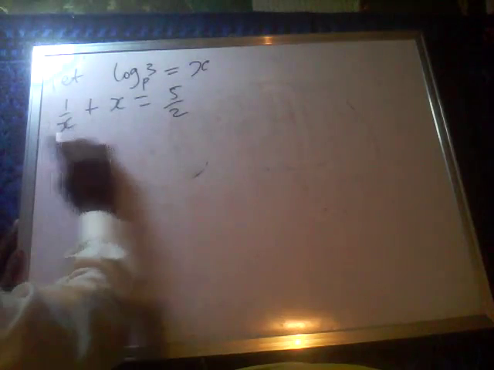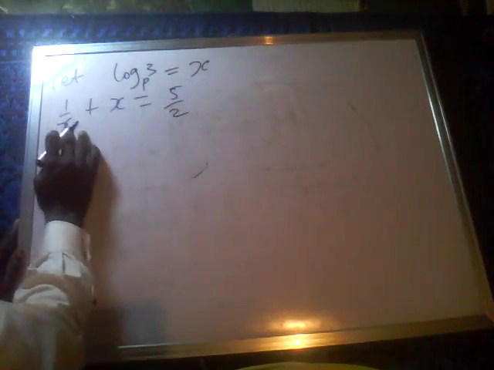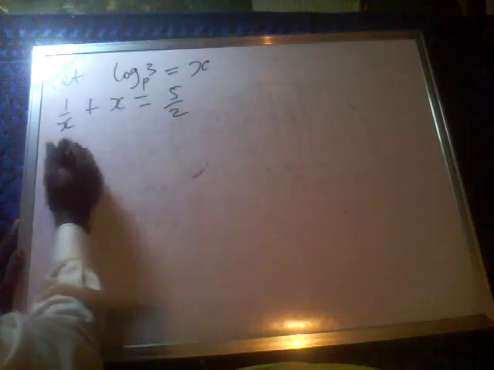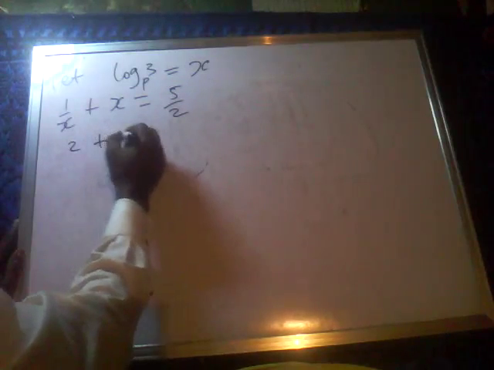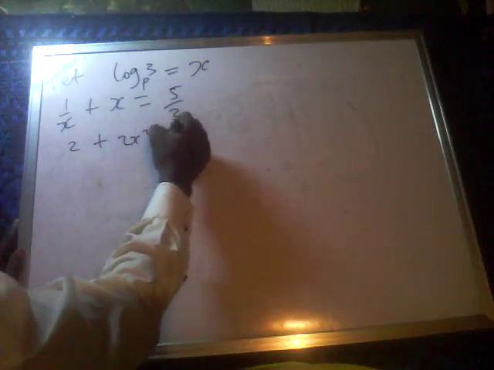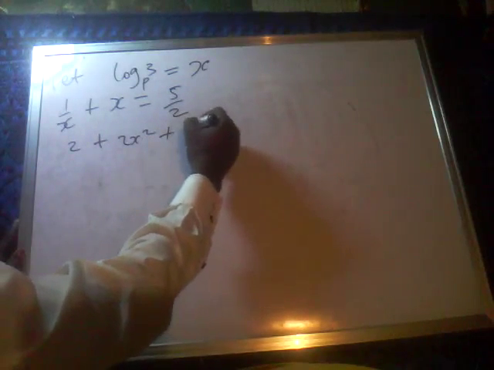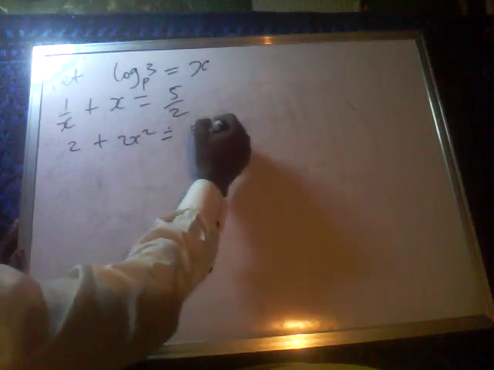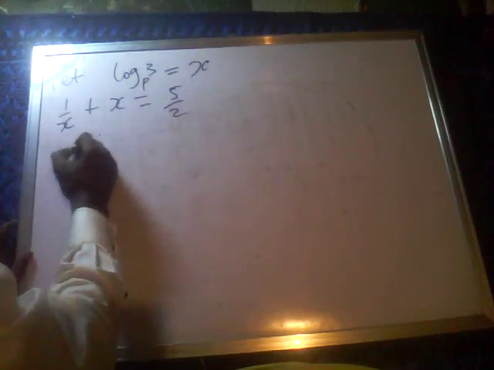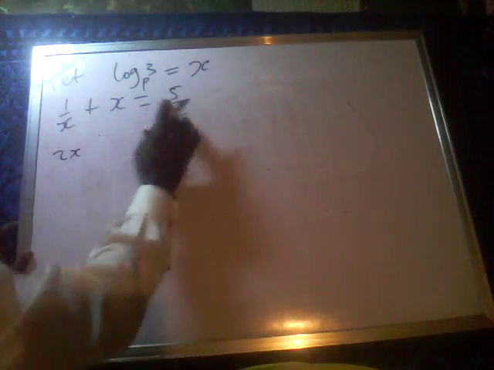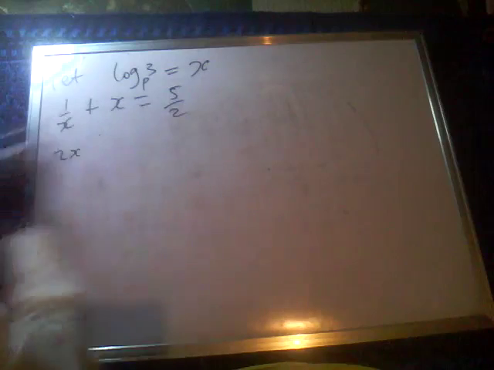Now, at this point, this is 2, this is x, so we can multiply through by 2x. Let me just carry it out so that you understand it perfectly. We are multiplying by 2x because that's the LCM of these fractions.